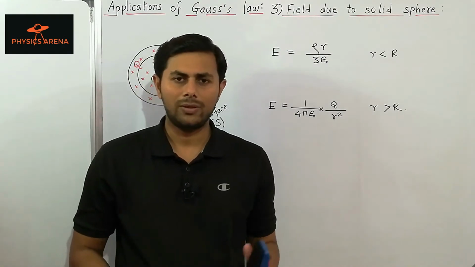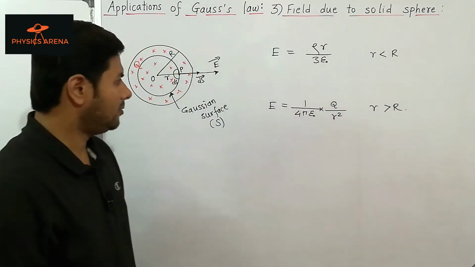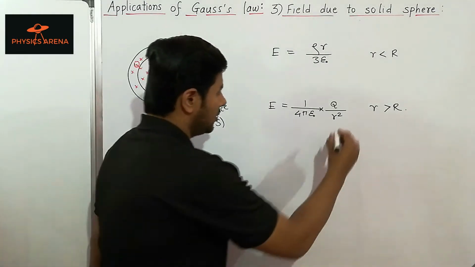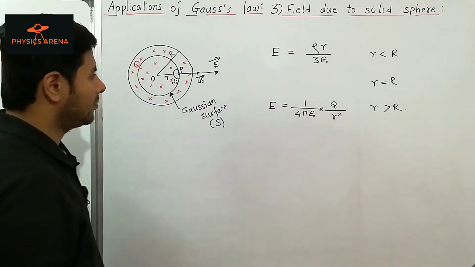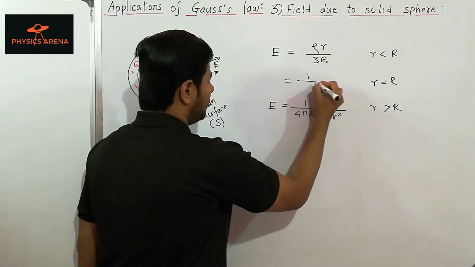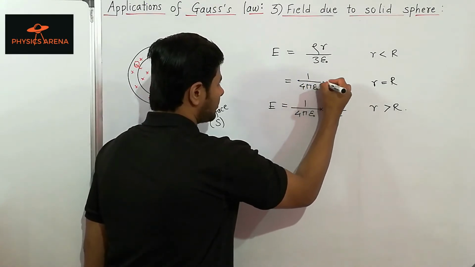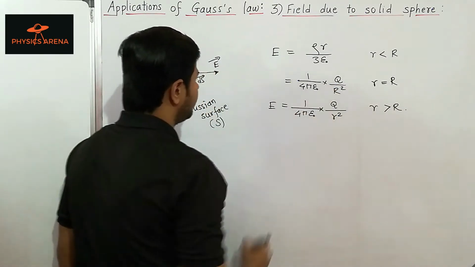Now what if small r is equal to capital R? Then we can just substitute r equal to capital R in one of these two formulae, and both will give the same answer, which is 1 over 4 pi epsilon naught into Q divided by R square.